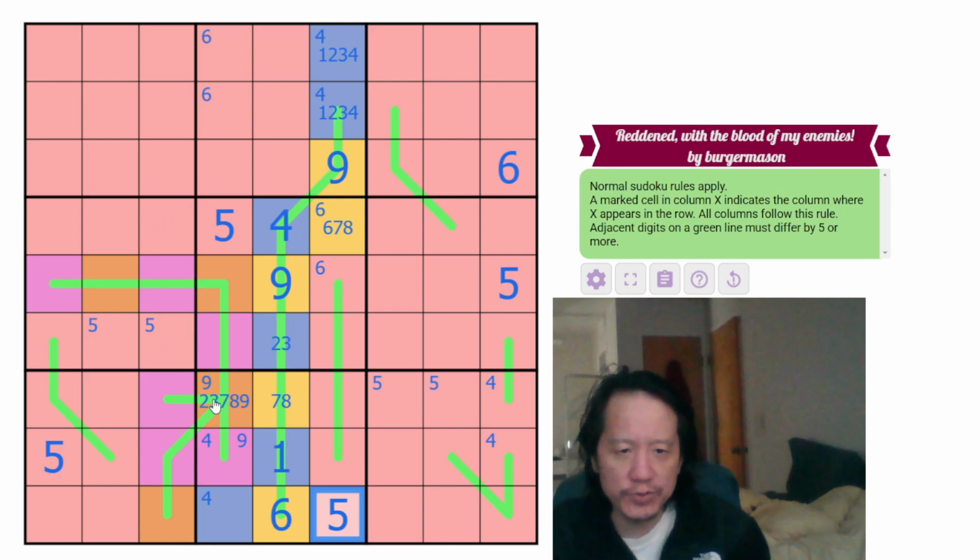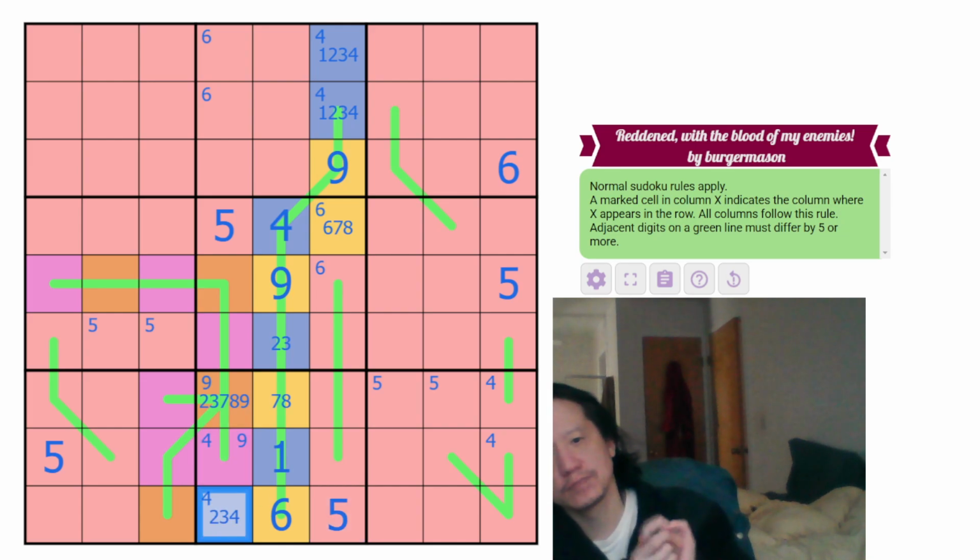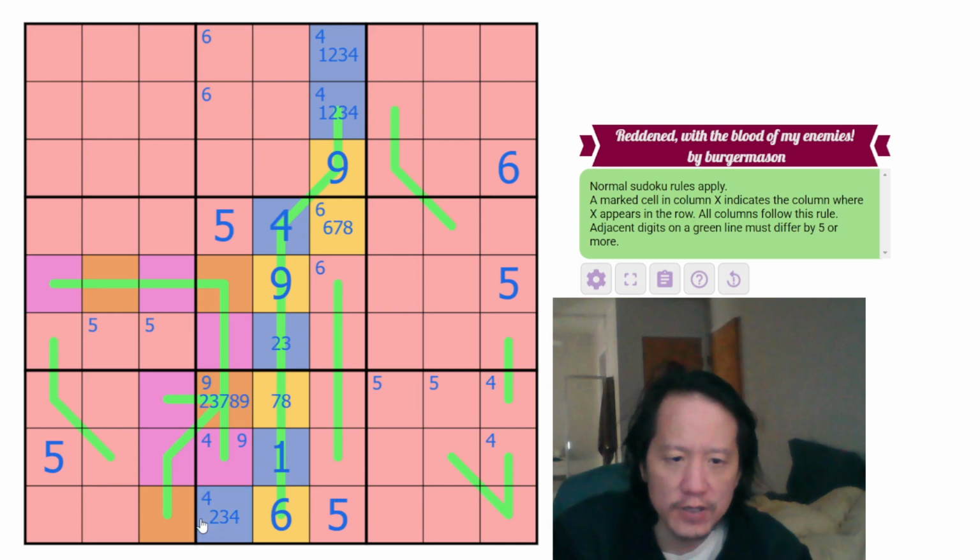So this is 2, 3, or 4. Can this ever be 3? If this were 3, the problem is this would have to be a 4 then, if that's the case, right? Because this is saying, if this is 3, that's saying the 4 has to be in the 3rd column.